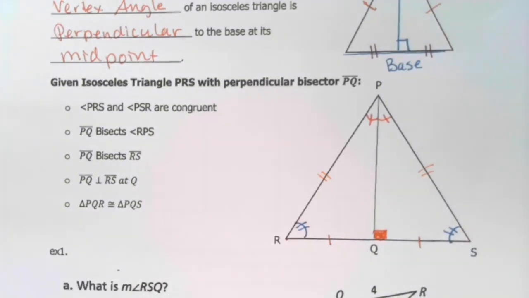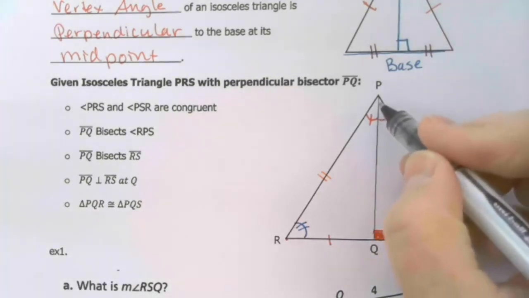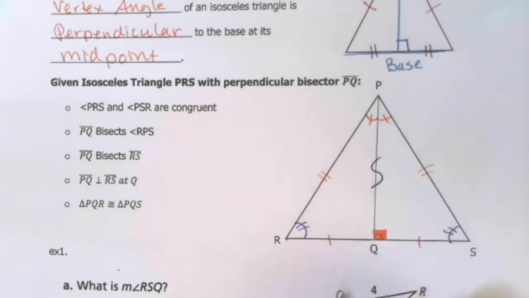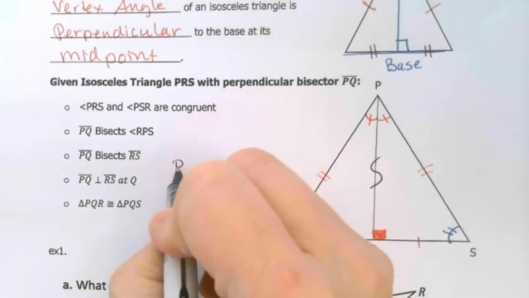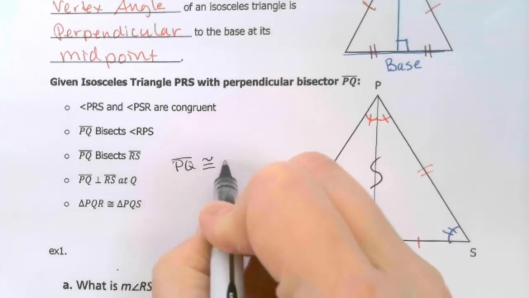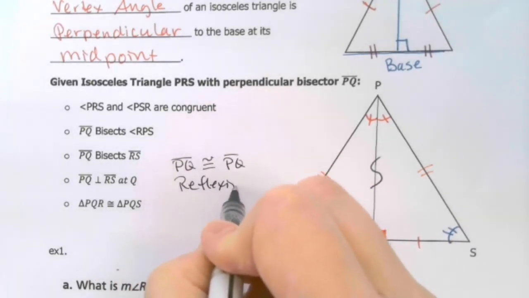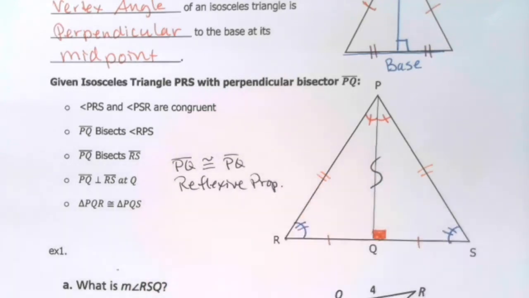The one piece of information that we add is that they both share side PQ. PQ is congruent to itself because of the reflexive property, so we can add in PQ congruent to PQ because of the reflexive property of congruence.